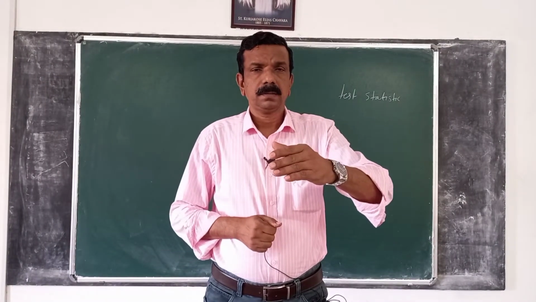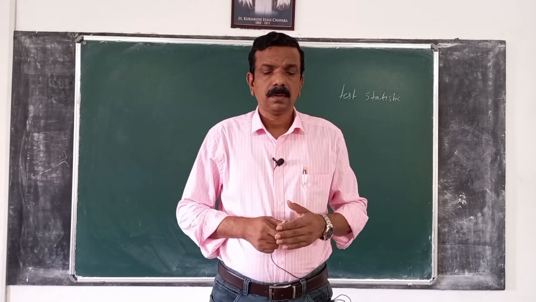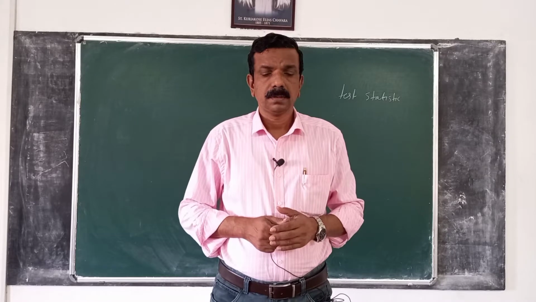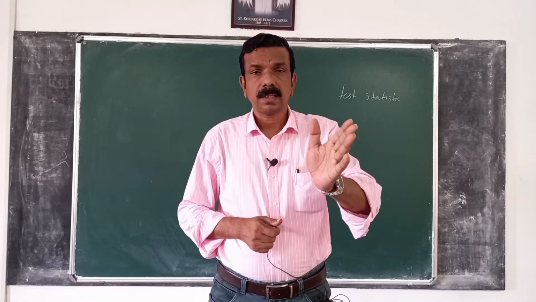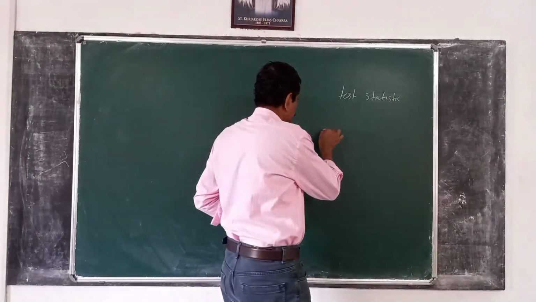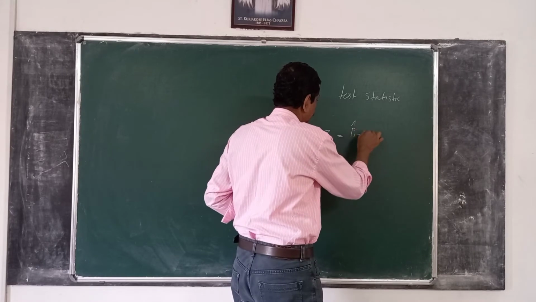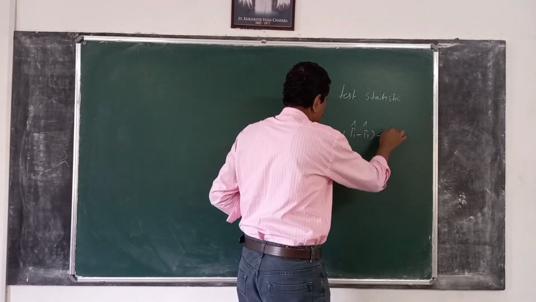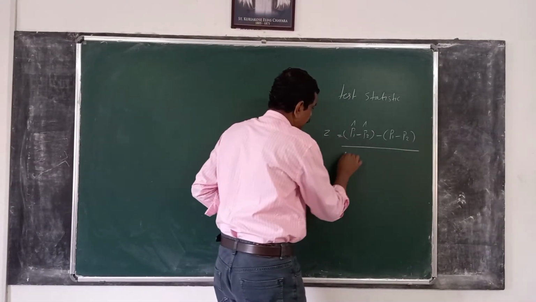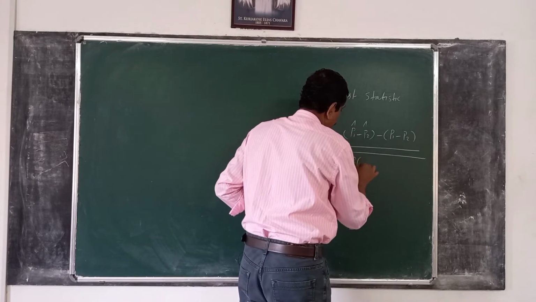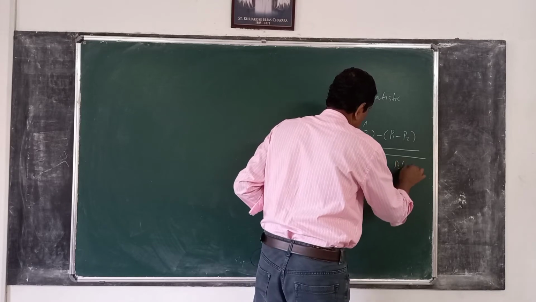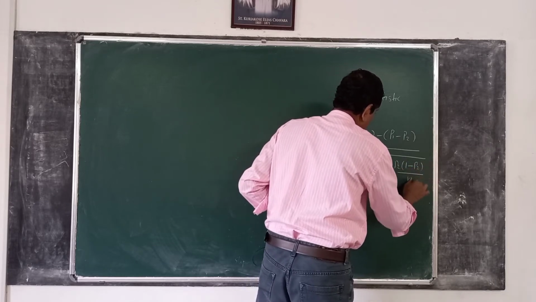From the sampling distribution of the difference between two sample proportions, the standardized version can be written as Z equal to (p hat 1 minus p hat 2 minus (p1 minus p2)) divided by the root of p1 into (1 minus p1) by n1 plus p2 into (1 minus p2) by n2.